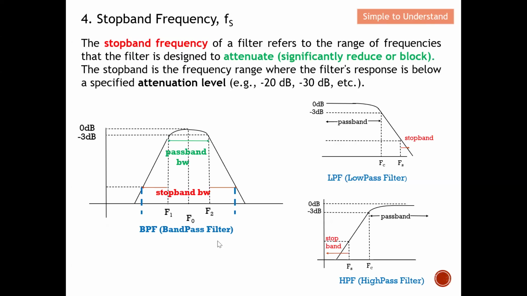So basically this is the stop band, which I indicate over here. For example, this is the maximum pass band value, and I want to reduce it by, let's say, 30 dB. The key objective is to reduce by 30 dB at what frequency? So basically this is the definition of stop band. This is for the bandpass filter.